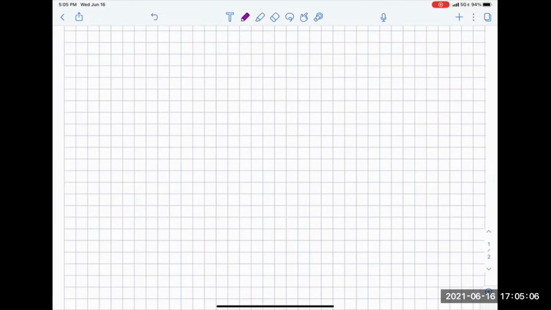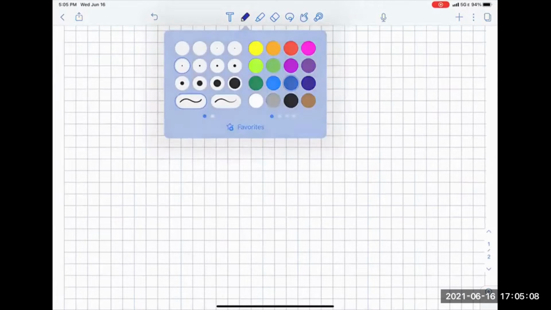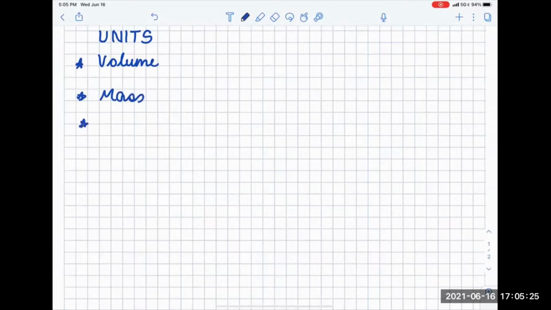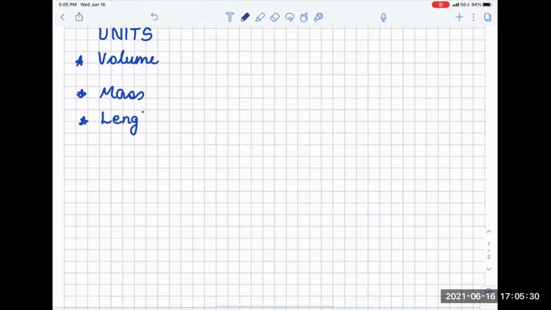But now you guys tell me, in terms of units, what are the different types of units that you know of? Volume. Okay, the unit of number one, volume. Mass. Length. Very good. Temperature. Excellent. Anything else? Density. Very good.